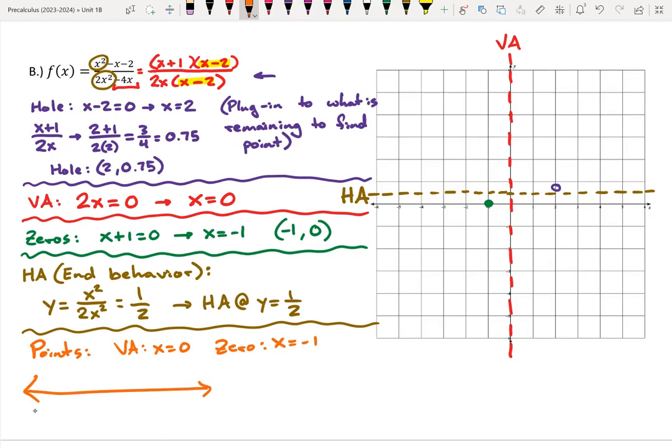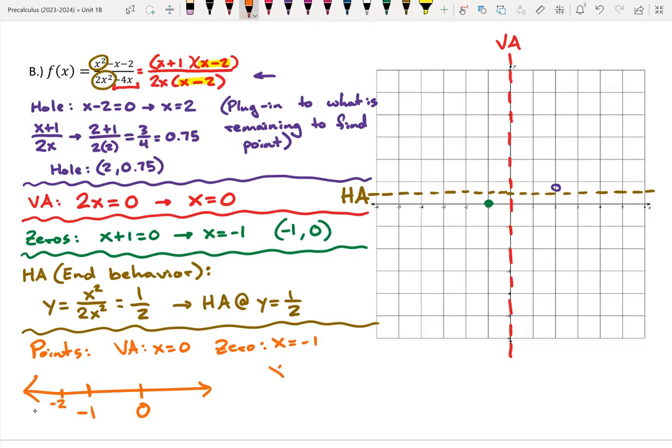So we set up a sign chart. So 0, negative 1. All right, so Nick, what would be a good point to pick? Maybe one left of negative 1. What would be a good value? Okay, negative 2.